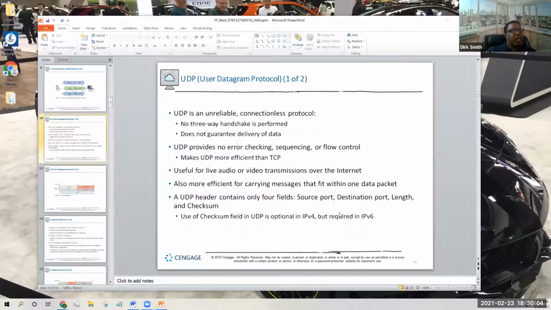UDP, the User Datagram Protocol, is an unreliable, connectionless protocol. No three-way handshake is performed, and it does not guarantee data delivery. This is usually for file transport, when you're sending a file from one computer to another, more in the technical sense than for commercial users.